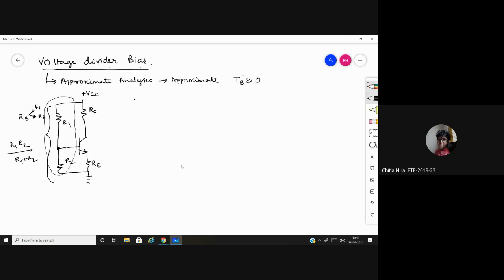LDR fine, but we were using it in some more circuits. Sir, photodiode, I guess. I'm not sure. In that circuit, I think we used something similar.